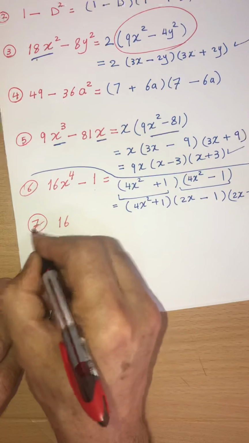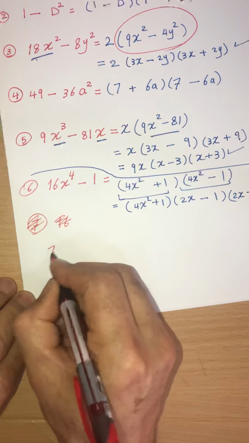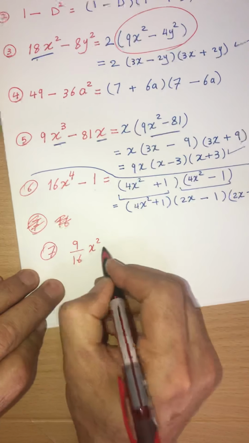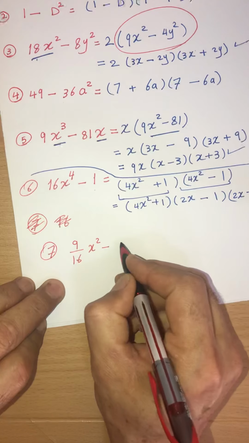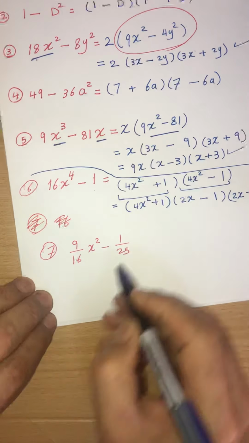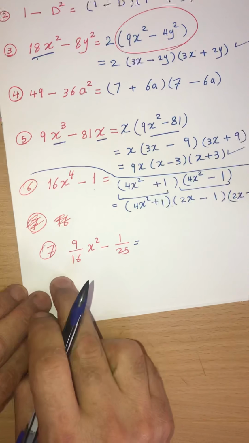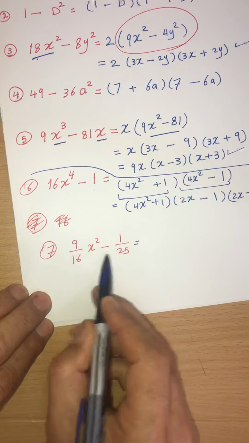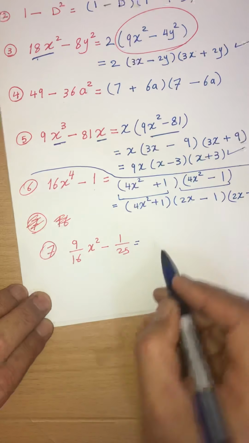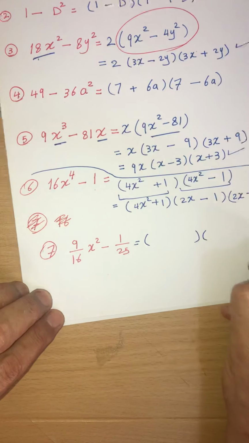For example, number 7 here. Consider you have 9 over 16 x squared minus 1 over 25. This expression is also considered a difference of two squares. Look, each of these amounts is a square: 9, 16, x squared, 1, 25. So you can factor it as a difference of two squares.